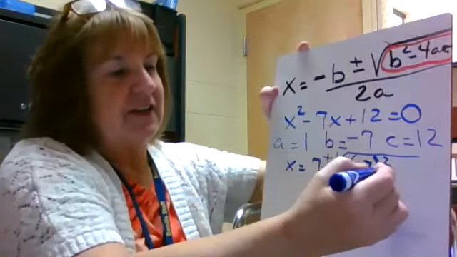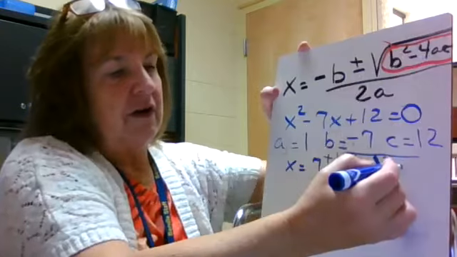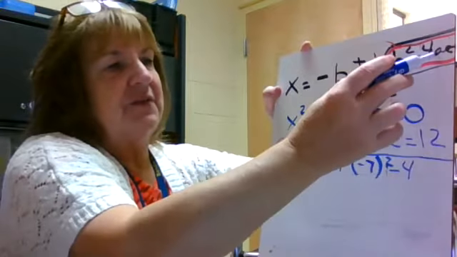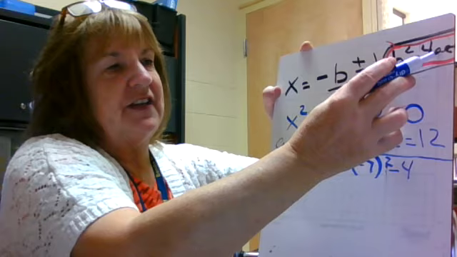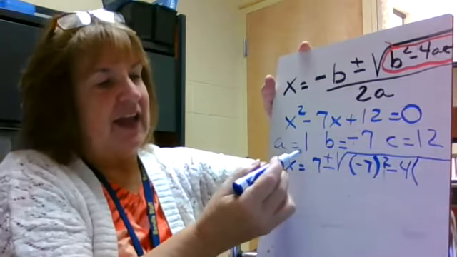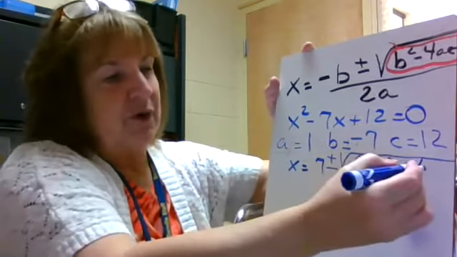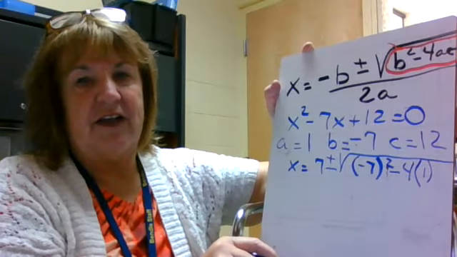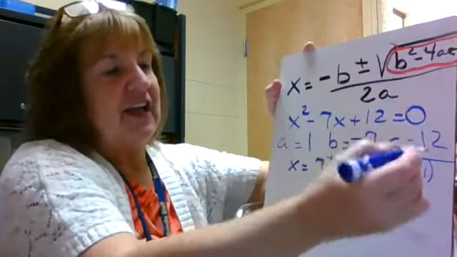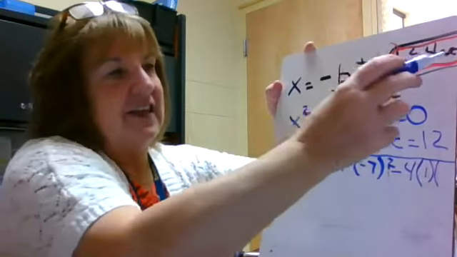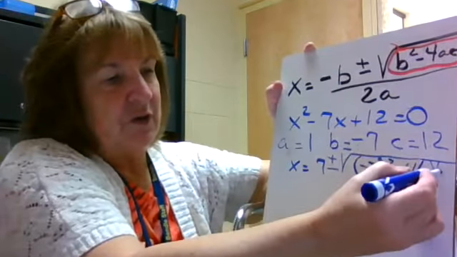Then minus 4. And then here comes another letter, so we're going to use parentheses. That's the A number, which is 1, so put a 1 in there. And then we have a C. It's another letter, so another parenthesis. The C number is 12, so put 12 in there.